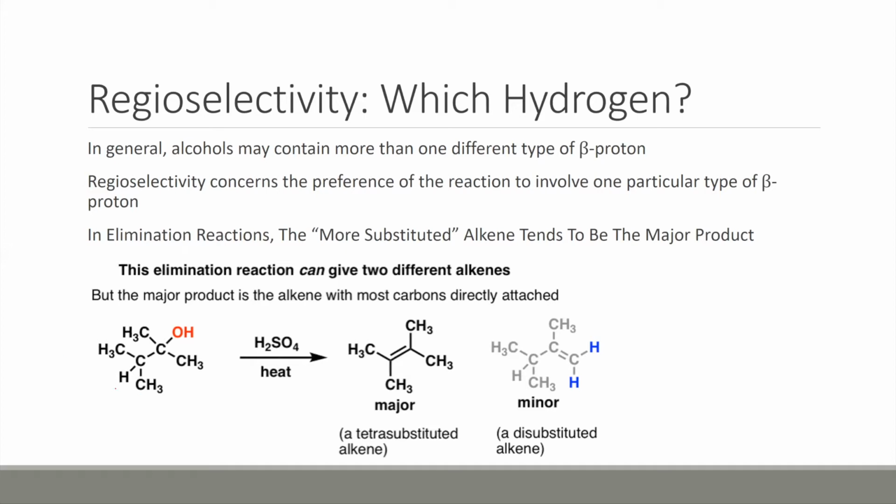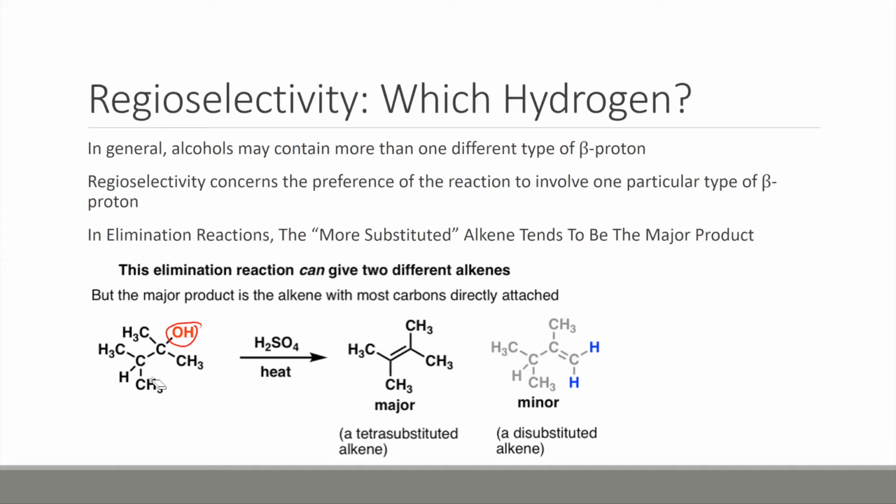So, for example, if this is your starting alcohol in this case, and we're going to do an elimination reaction, technically you could have two different products. This OH can leave with a hydrogen from this carbon or a hydrogen from this carbon.